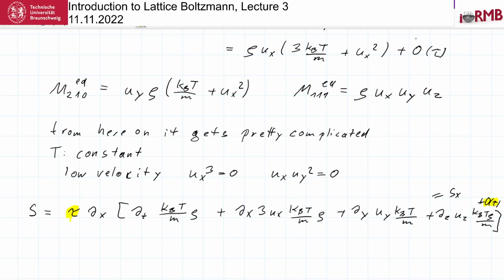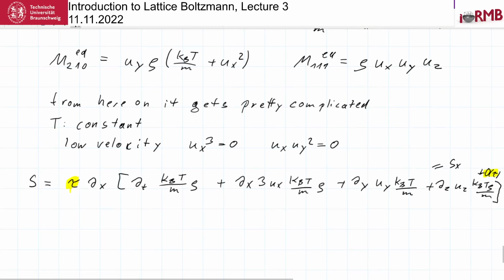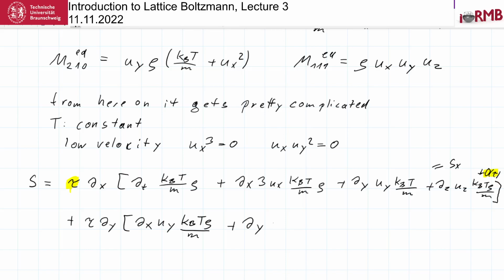Because we said we are going to ignore terms of order tau square, we no longer need to write them, and I will skip these terms completely in what follows. So here we have another term, tau dy (dx uy k Boltzmann T rho divided by m plus dy ux k Boltzmann T rho divided by m), and that's it for this moment.